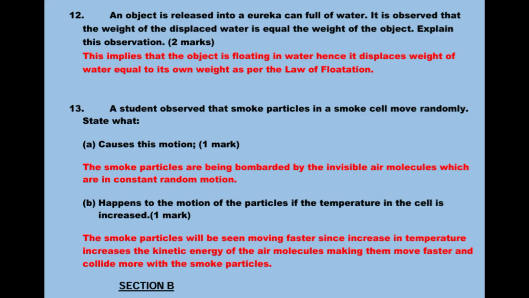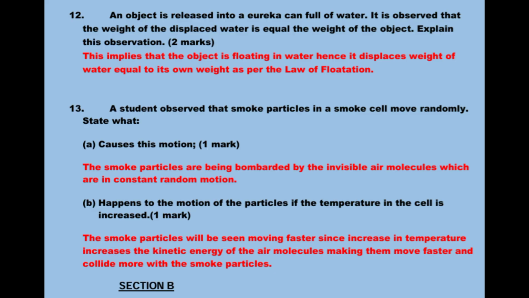We go to part B. Explain what happens to the motion of the particles if the temperature in the cell is increased. What happens when the temperature is increased? So the smoke particles will be seen moving faster, since increase in temperature increases the kinetic energy of the air molecules, making them move faster and colliding more with the smoke particles.